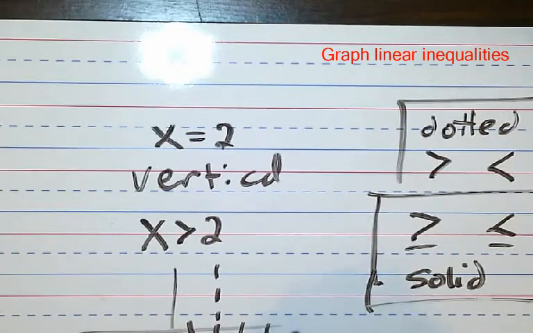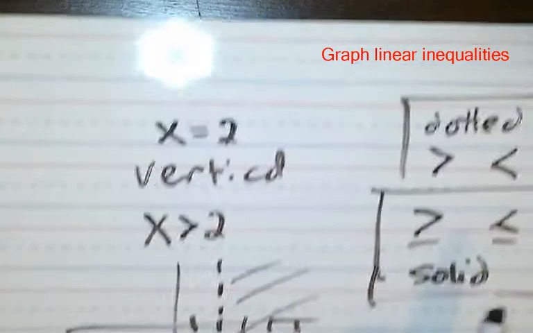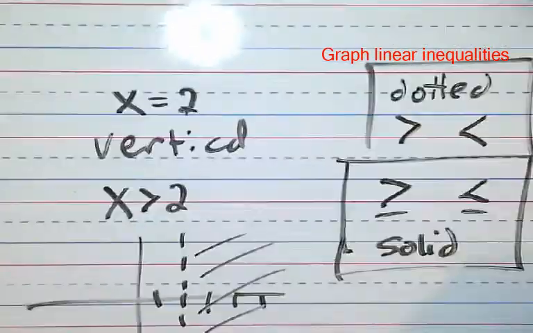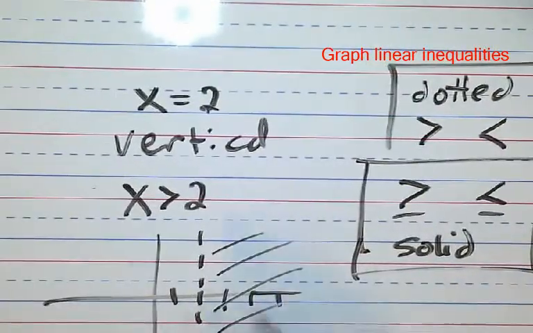And then where are the numbers? Where are the x numbers greater? Well, the x numbers are greater over here, right? So if it's greater than, then it's going to be looking just like that, right? So if it was less than, it'd be on the other side.